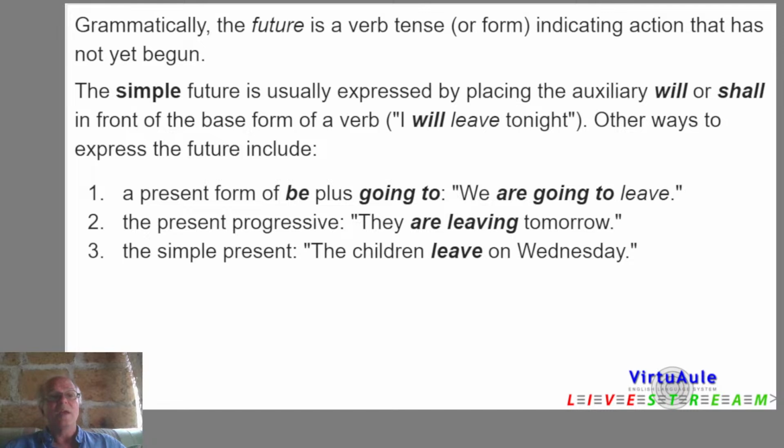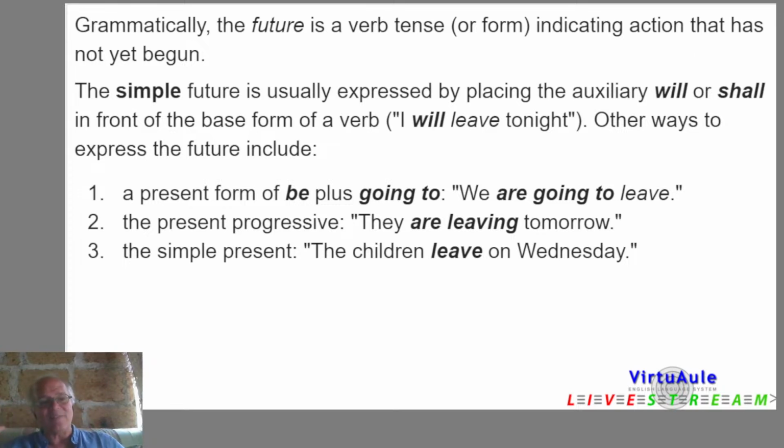Other ways to express the future include a present form of be plus going to. We are going to leave. And this can be said quite quickly, and you will hear something like, we're gonna leave.